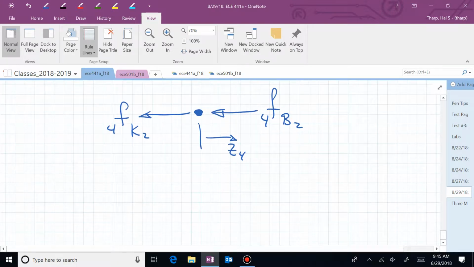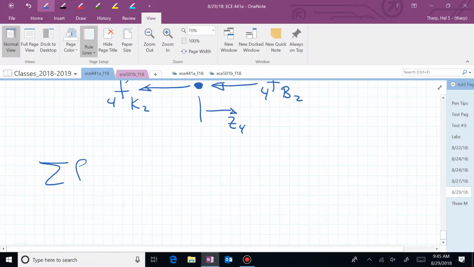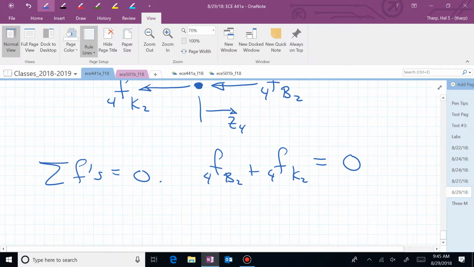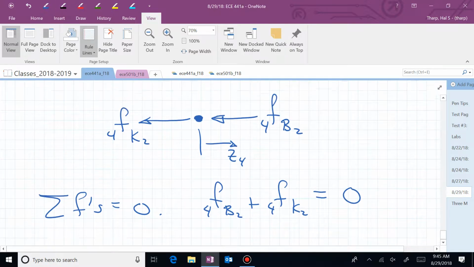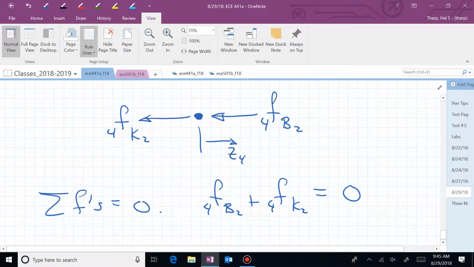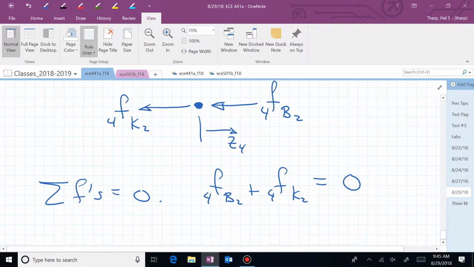If I sum the forces, I now have F sub 4 b sub 2 plus F sub 4 k sub 2 equaling 0. What make up the expressions for those forces?